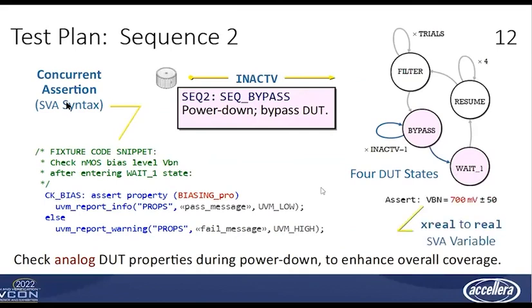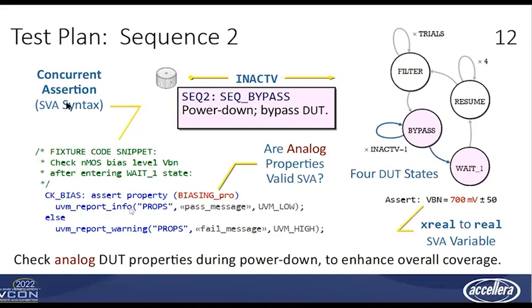We can get some checking done even during these inactive cycles by writing a SystemVerilog assertion. This one here checks whether the bias voltage has returned to its nominal value of 700 millivolts plus or minus 50. And as we'll see in a few slides, when we look at the detailed property code, we can include a real value within SystemVerilog assertion syntax, within restrictions.